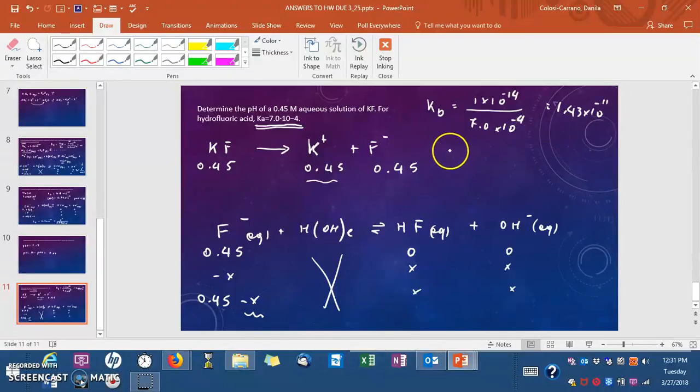So Kb is also equal to X squared divided by 0.45, which gives you a concentration of OH minus.